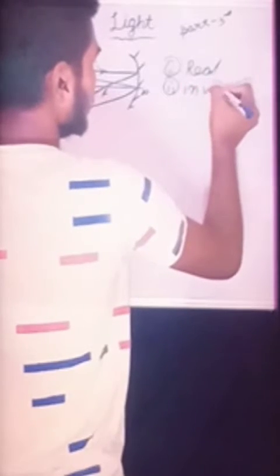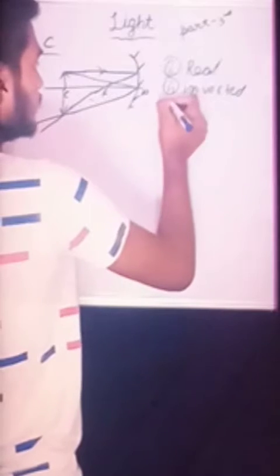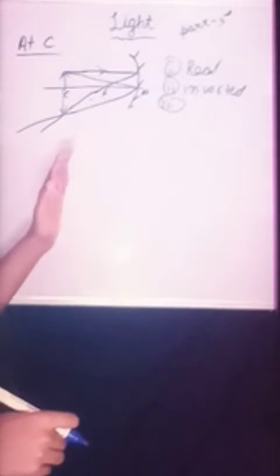So the nature of the image is first real, second inverted, and third we have to see at what position it is formed.